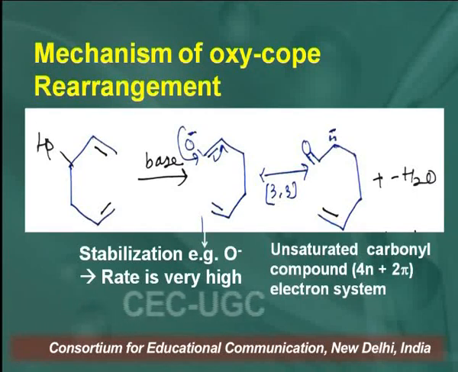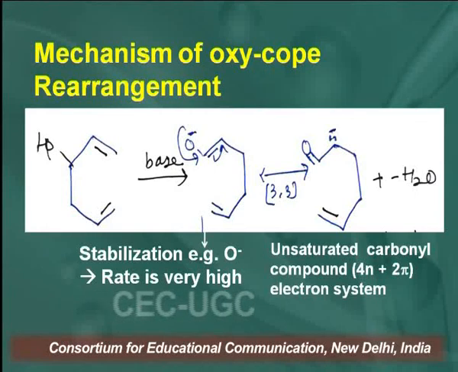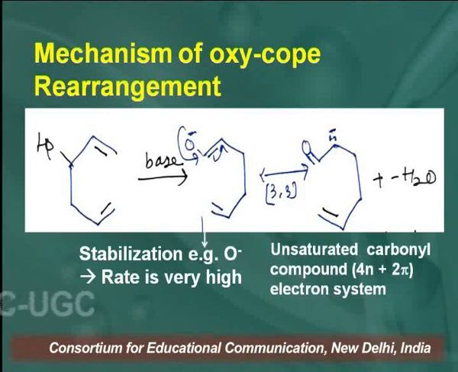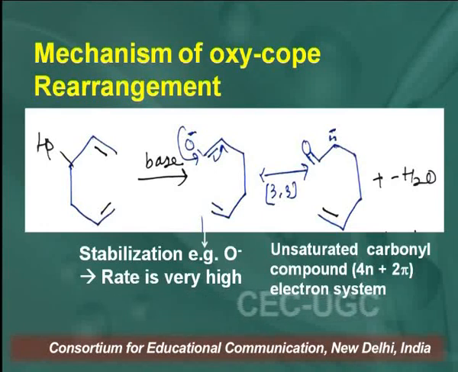The rearrangement takes place in the presence of base, with stabilization of the negatively charged oxygen, which is converted into an unsaturated carbonyl compound. This is also a 4n plus 2 pi system that follows the Woodward-Hoffmann rule. Thermally induced reactions have a suprafacial mode of interaction.